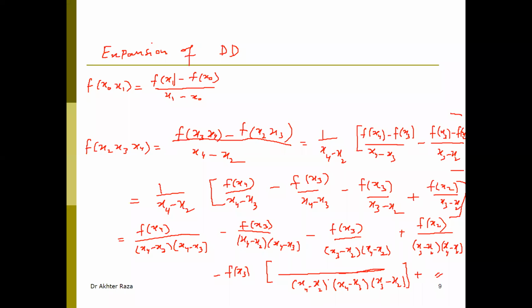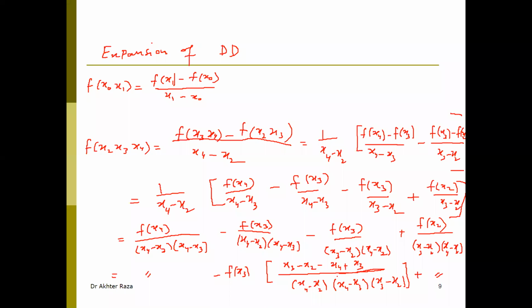Plus this term is as it is and this term is as it is. Now in numerator, x3 minus x2 should be here and x4 minus x3 will be here. Because we have a negative sign in between, so this is negative and this will be positive.